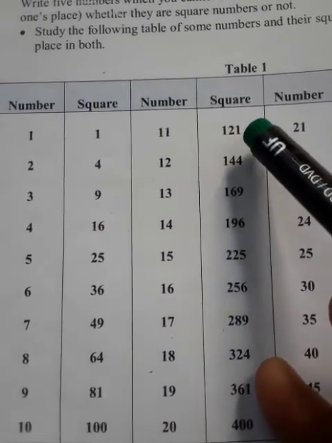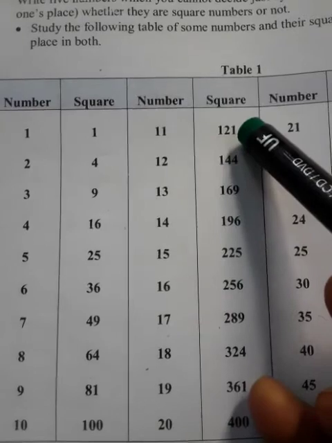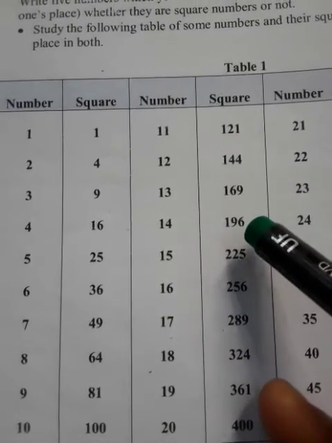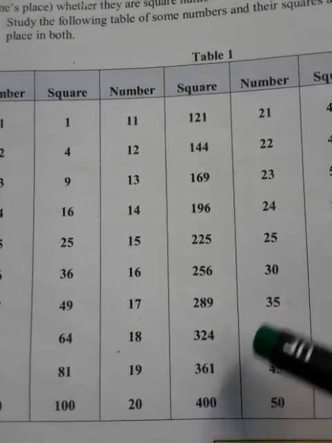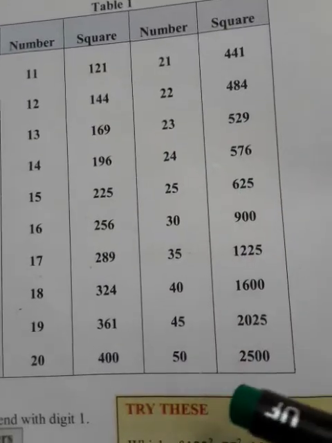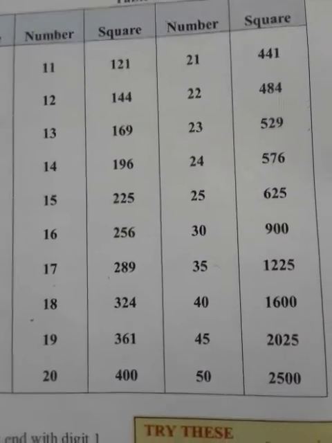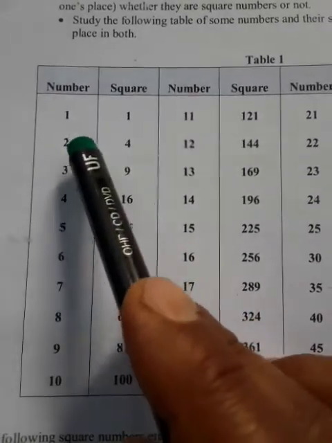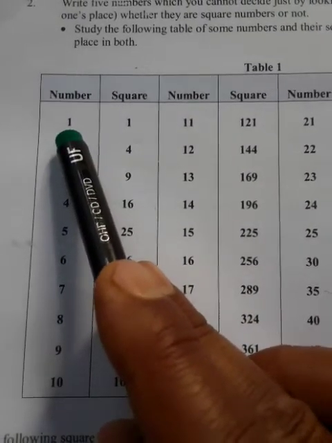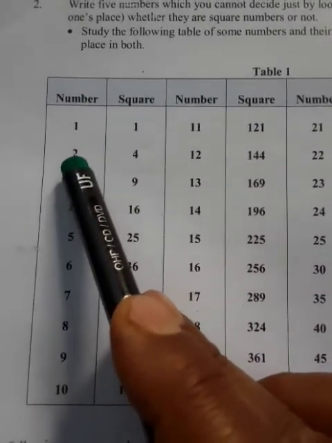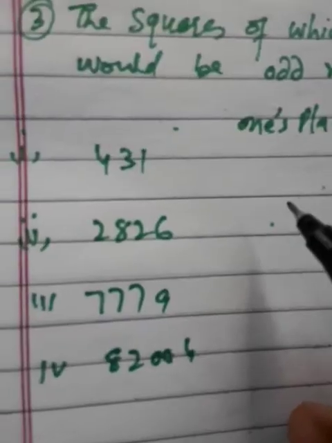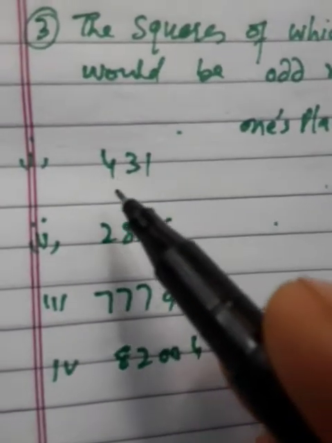Similarly, the squares are odd, even, odd, even, odd, even. It can be seen till the end. That means the square of an odd number is always odd and the square of an even number is always even. Now look at the given numbers.